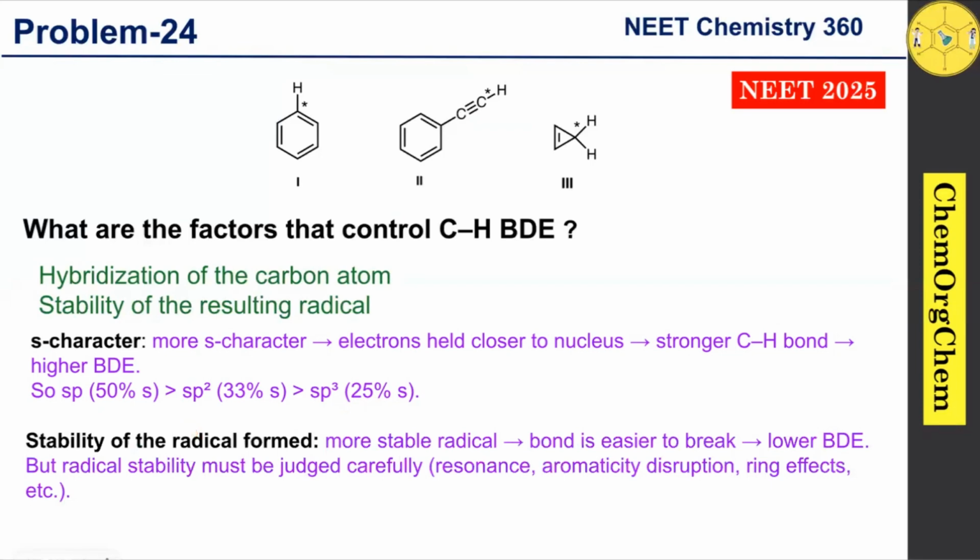If a more stable radical is formed, we can easily break that bond, resulting in lower bond dissociation energy. However, when you talk about radical stability, we need to consider several factors including resonance, aromaticity disruption, and ring effect. Therefore here we could consider only hybridization of the carbon atom.